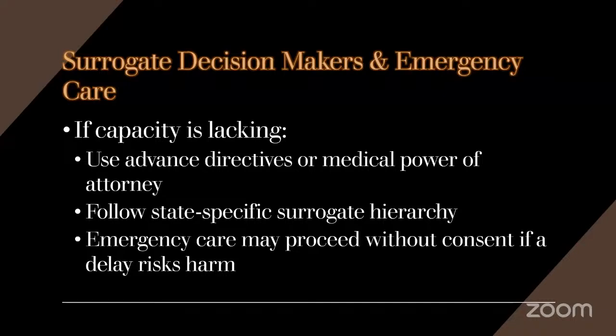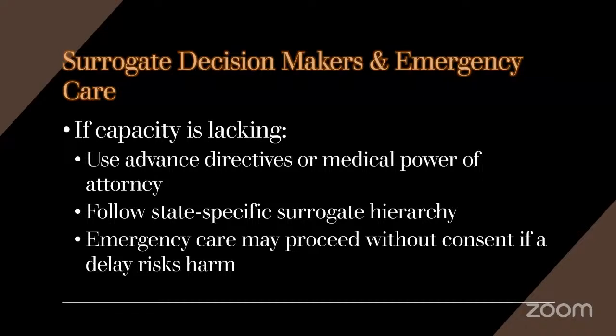Now let us talk a little bit about surrogates. So when a patient is found to lack capacity, we must turn to a surrogate decision maker. Ideally, this is guided by an advance directive or designated medical power of attorney. In the absence of this, state law provides a surrogate hierarchy, typically beginning with spouse, then adult children, parents, siblings, and so forth.